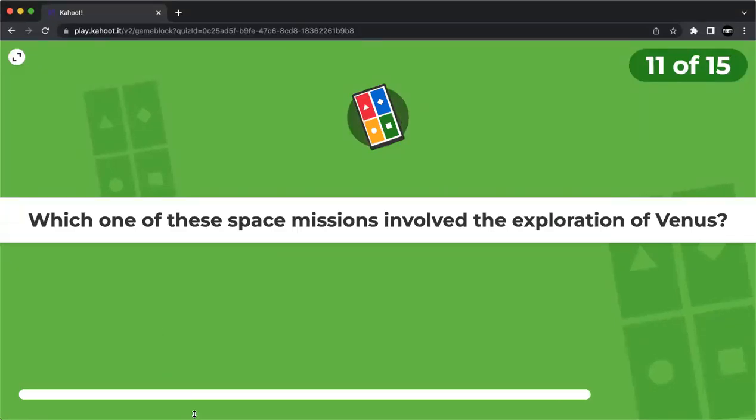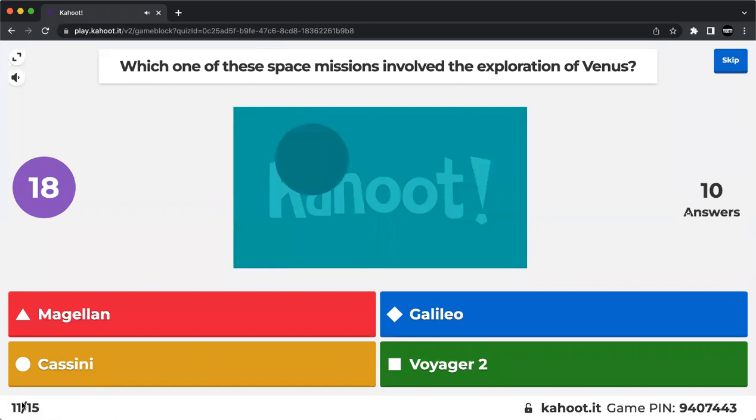Which one of these space missions involved the exploration of Venus?